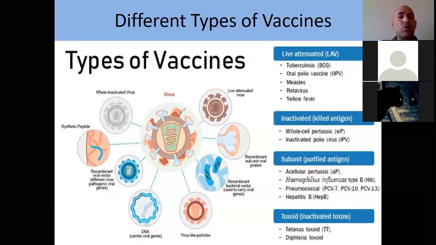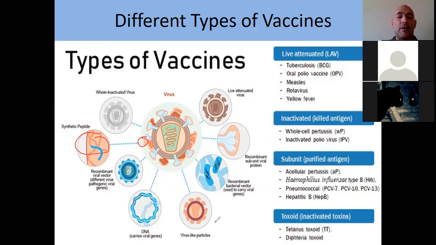Now, you can produce different types of vaccines depending on what you are going to present or inject inside the body. It can be a peptide that is similar to the protein of this virus, okay?